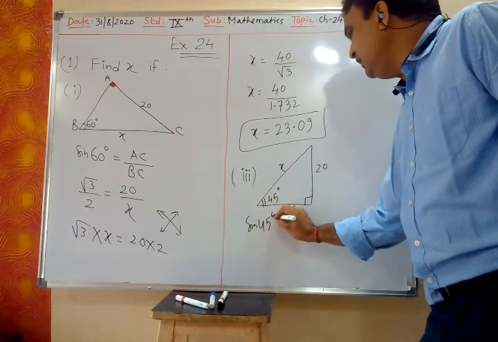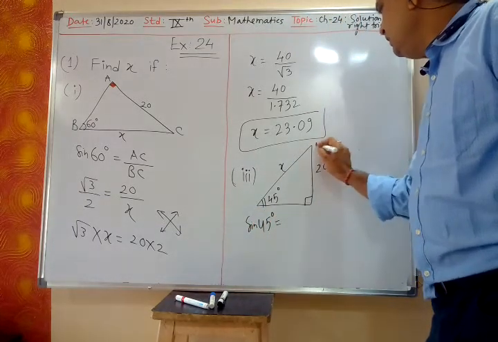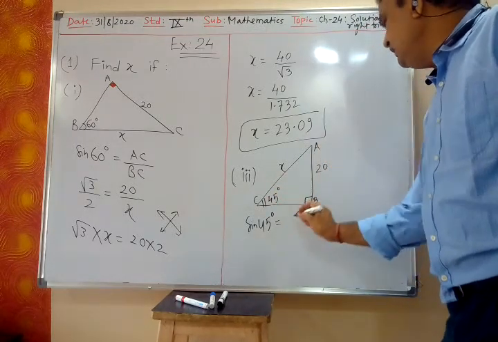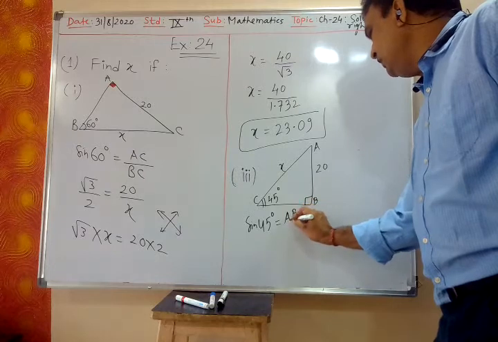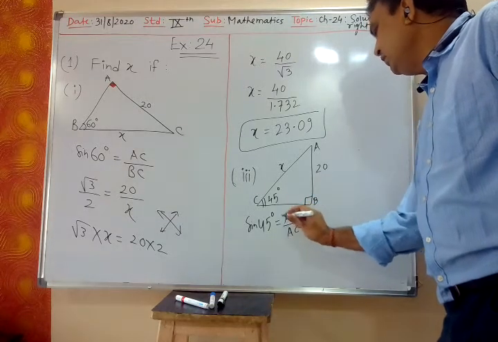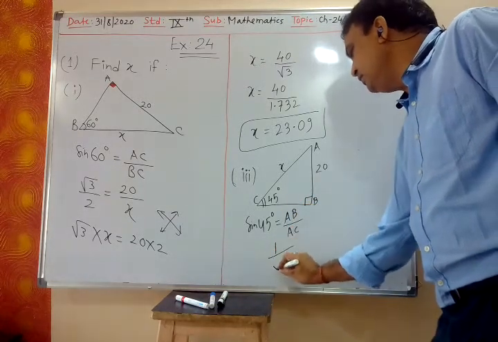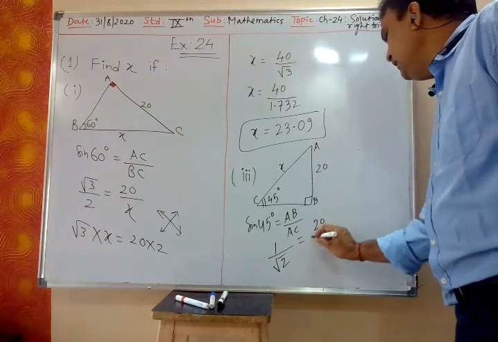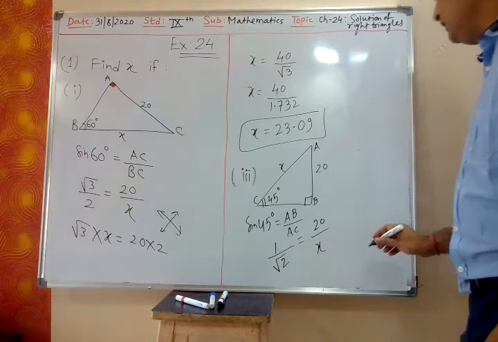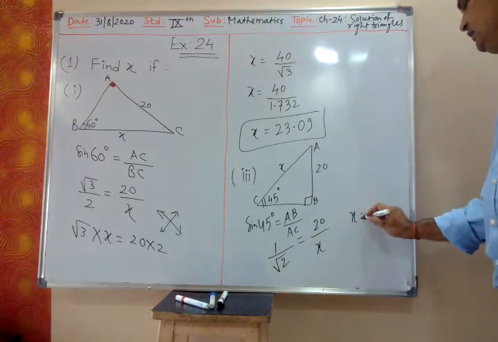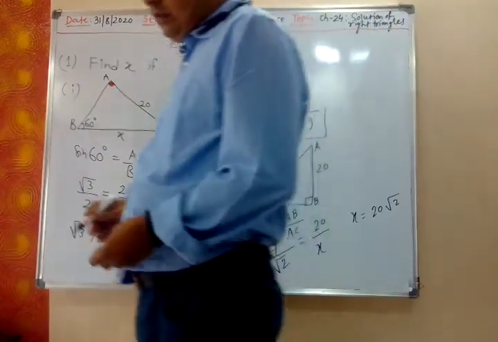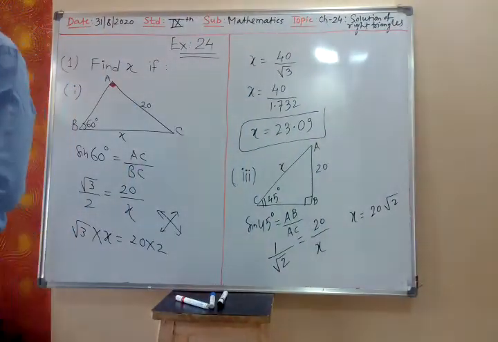Sine 45 degrees, you can name the triangle ABC. So sine 45 is AB upon AC. But what is sine 45? 1 by root 2. So 1 by root 2 is AB, 20, upon AC, x. Cross multiply. x is equal to 20 root 2.